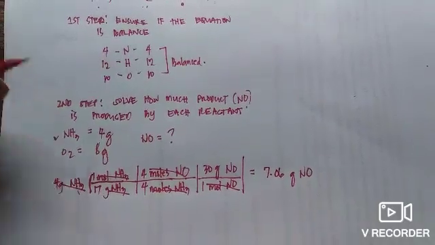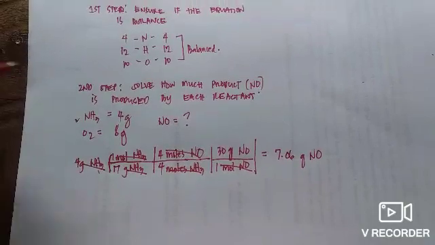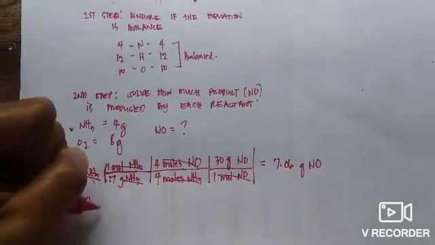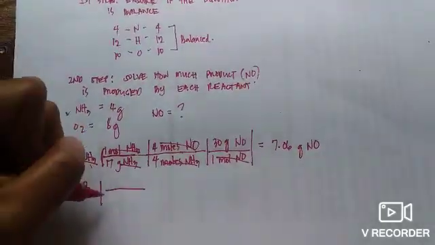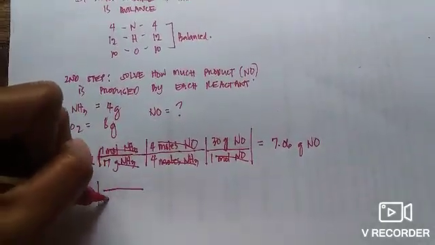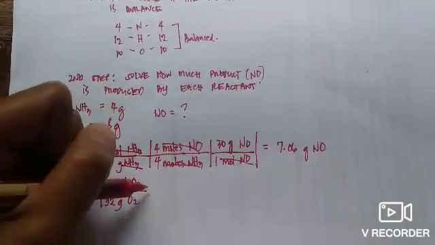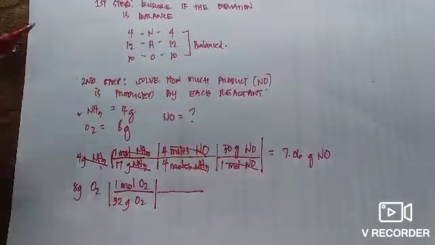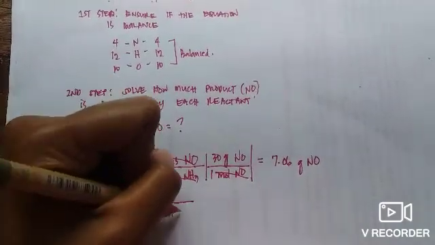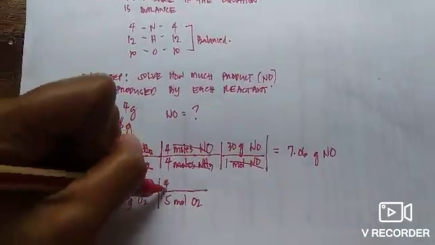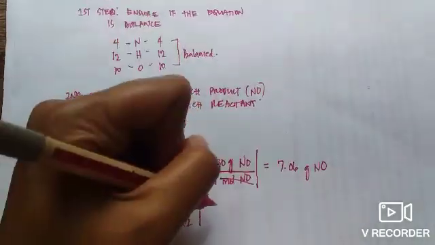Since we are finished with ammonia, dito naman tayo sa oxygen. So in the given, we have 8 grams of oxygen. Again, find the molar mass of oxygen. 16 times 2 is 32 grams of oxygen is to 1 mole of oxygen. So balik sa equation, we have 5 moles of oxygen to 4 moles of nitrogen monoxide.